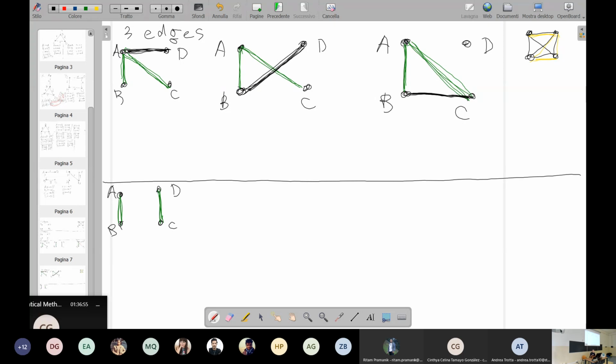Yes, and again, I would stick to the idea of the lady who was speaking from outside. Here, if I look at degrees, I can immediately see that this is something new, because here we don't have any vertex of degree 1, whereas here and here we have degree 1 vertices. So this is surely a new and non-isomorphic type, apart from the fact that we have what is called an isolated vertex, a vertex of degree 0, not present in the others.